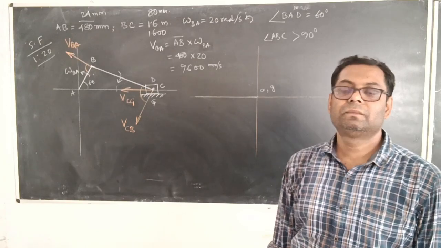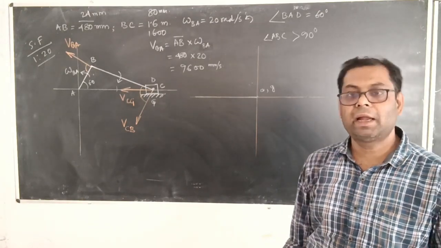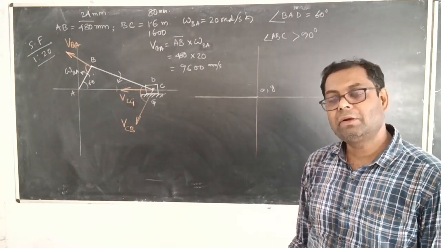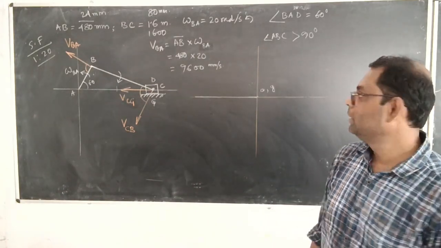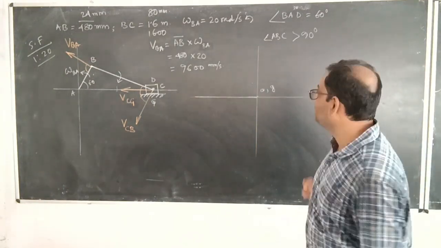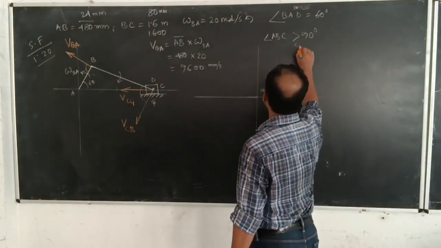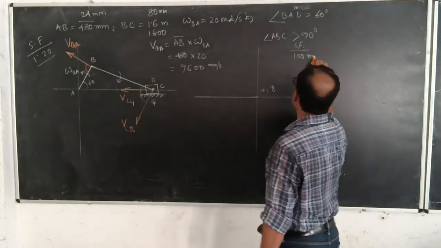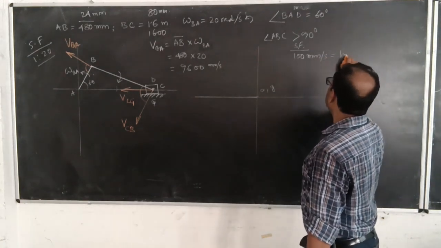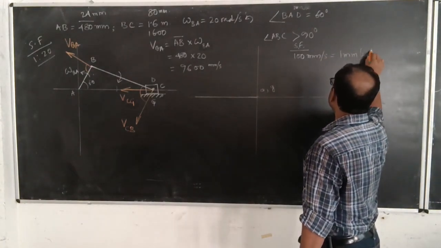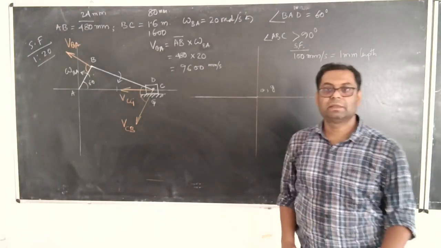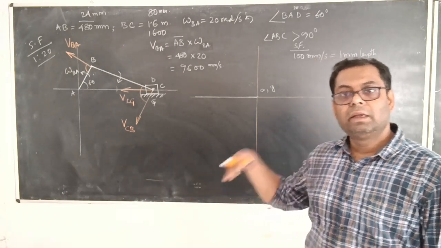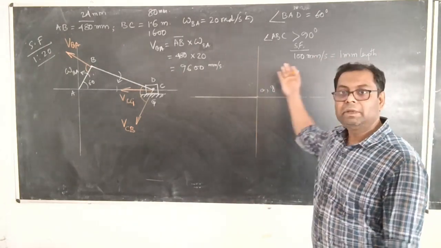Now we can use a scaling factor again, and this time the scaling factor for the velocity diagram may be considered as 1:100. That means you have to clearly mention that scaling factor: 100 millimeter per second equal to 1 millimeter length. In reality, 100 millimeter per second you are reproducing as 1 millimeter of length.